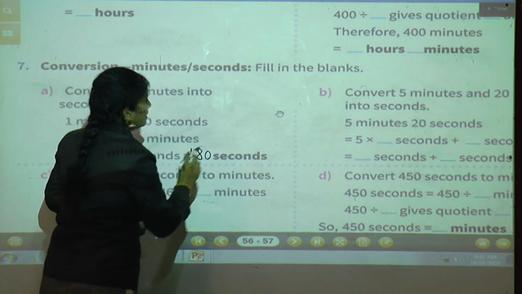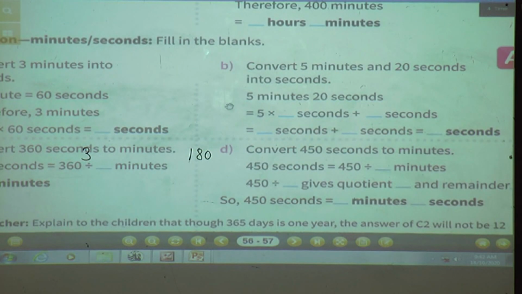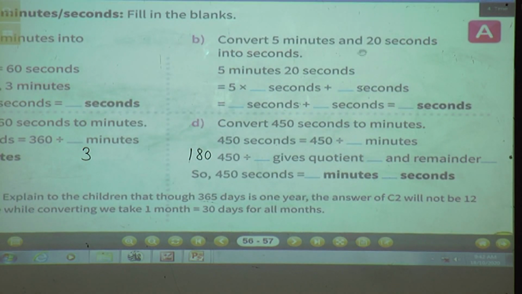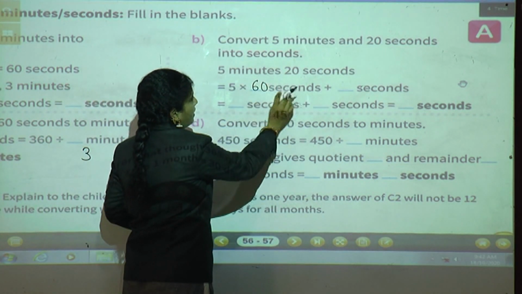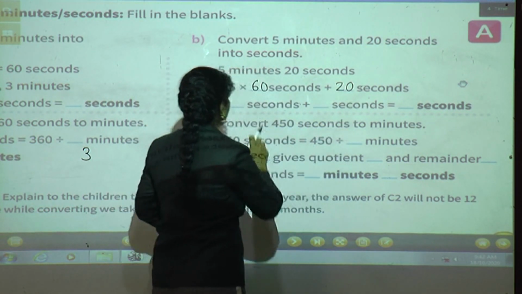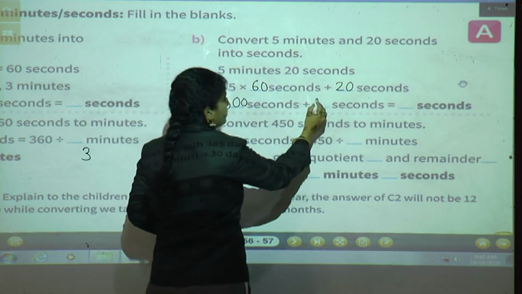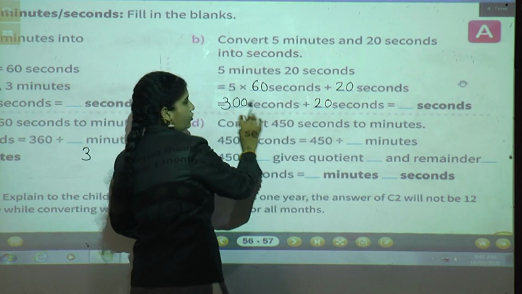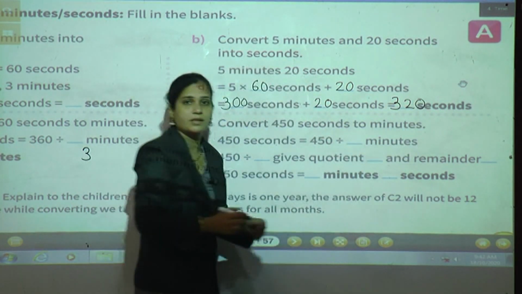Okay, 180 seconds. Now next one, convert 5 minutes and 20 seconds into seconds. So 5 multiplied by 60 seconds plus 20. Okay, 5 into 60, 300, and this 20. Add both of these, so the addition will be 320 seconds.